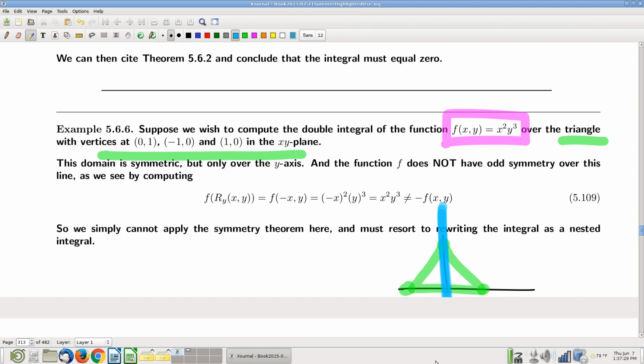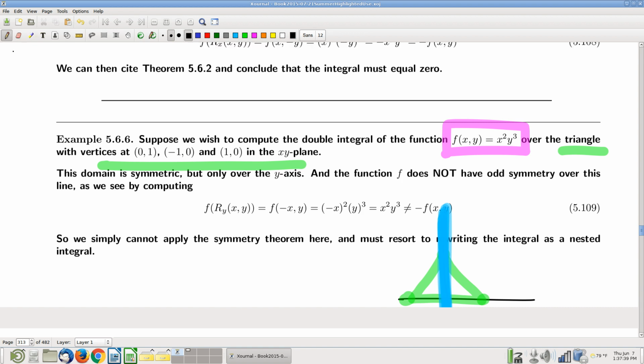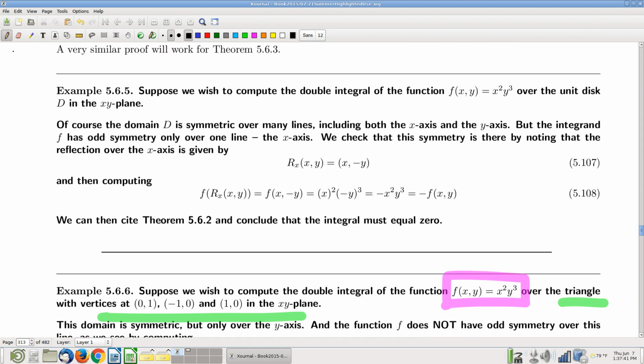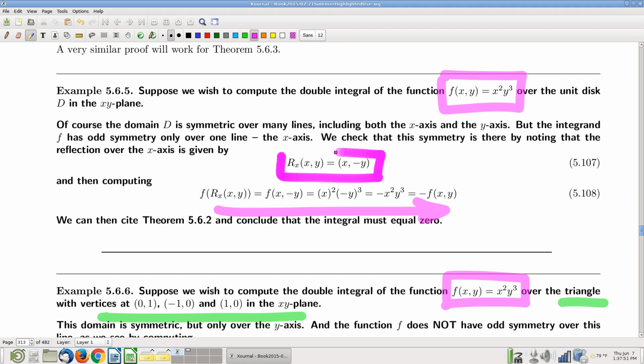The reason it doesn't work is because they're different lines, right? So we've already drawn here the line of symmetry of the domain itself. But this function, the same function we were looking at over here, does have an odd symmetry, but it's a symmetry with a reflection over the x-axis.